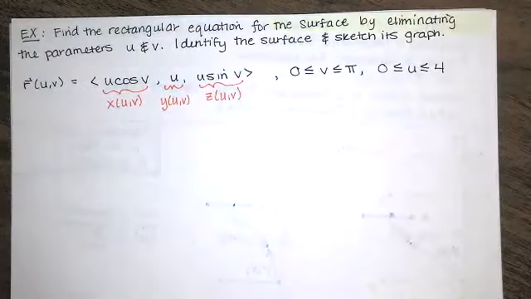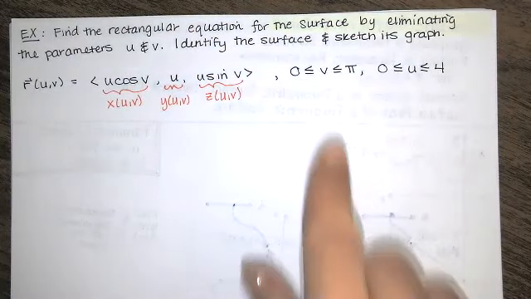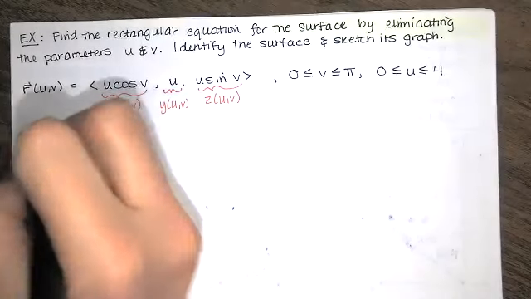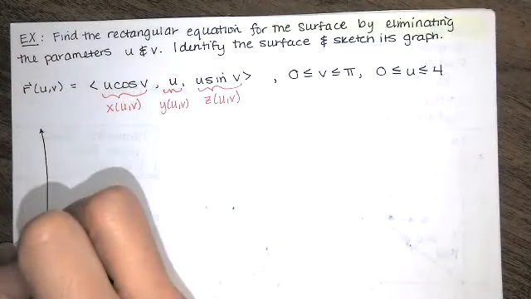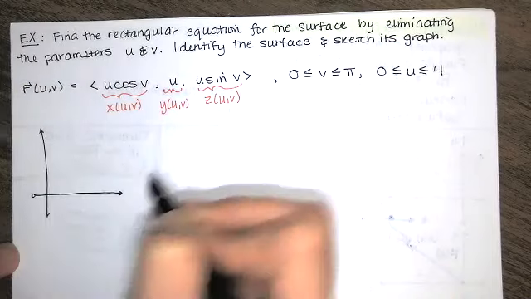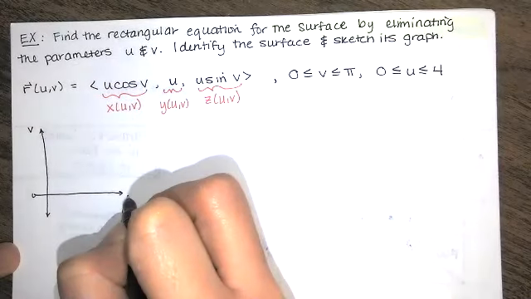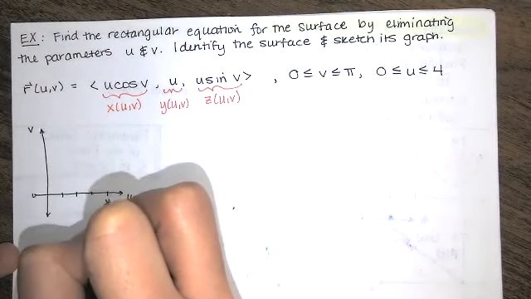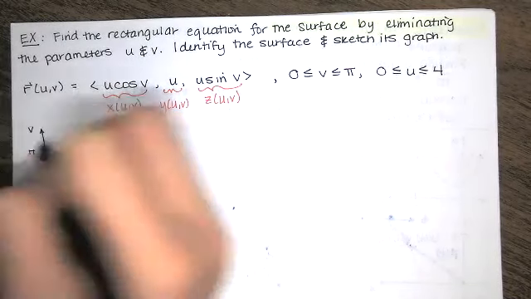And we're told we've got this range of v values and this range of u values. So the domain of this function in the uv plane: u goes from 0 to 4, v goes from 0 to pi.